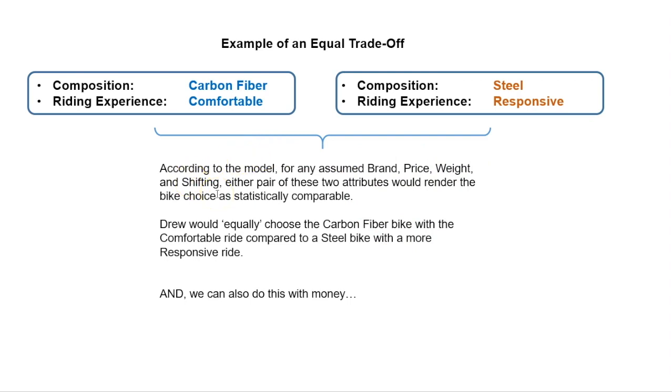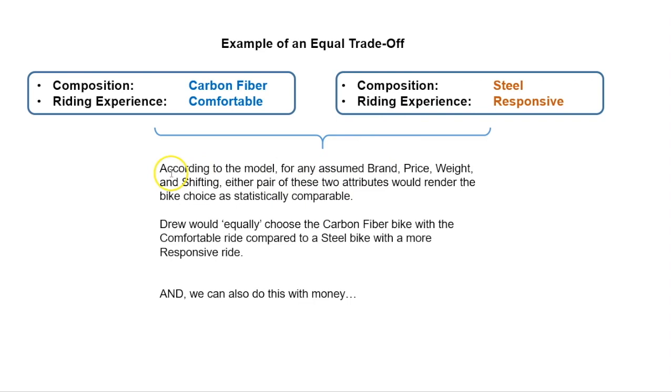If one of those bikes was carbon fiber but with a comfortable ride, and the other bike was steel but a responsive ride, then I can actually statistically show that Drew is equally preferring of either bike. And so it gives you an idea of the trade-offs that we understand with what Drew's preferences are.